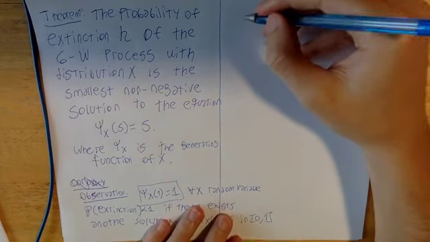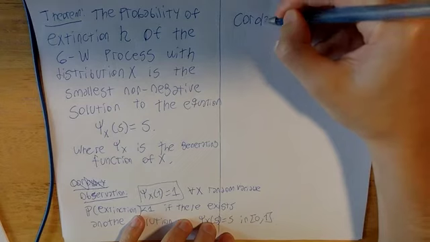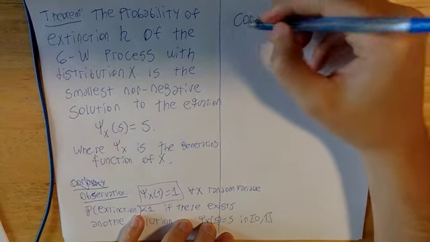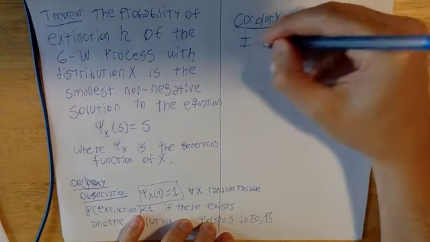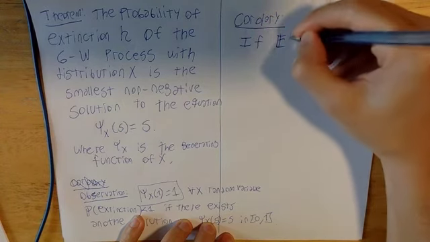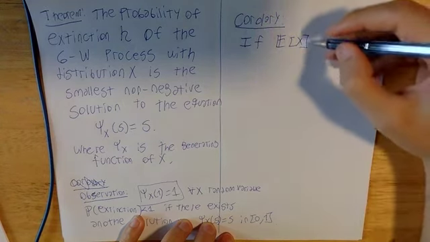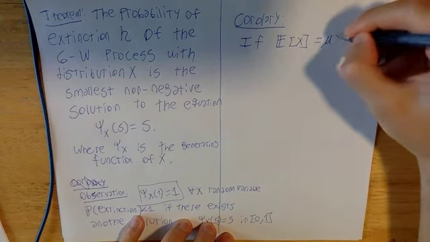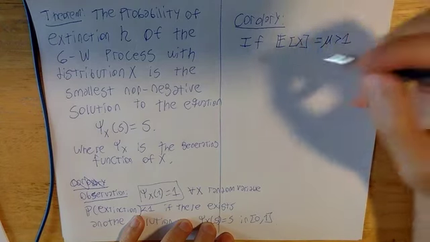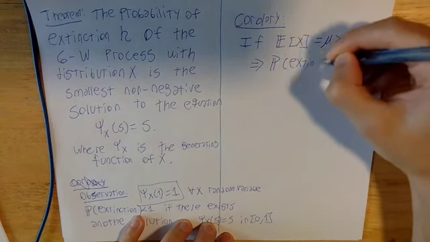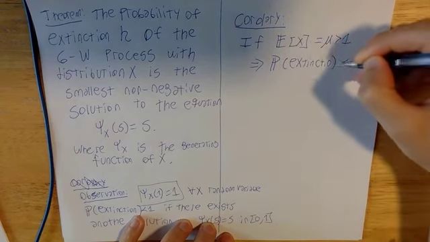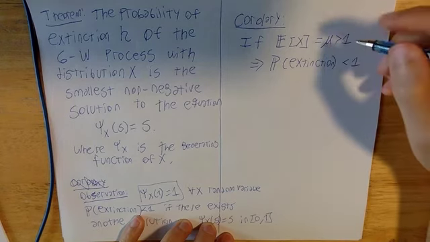So the corollary, by using this observation, is that if the expectation of x is equal to mu, which is bigger than 1, then the probability of extinction is less than 1.